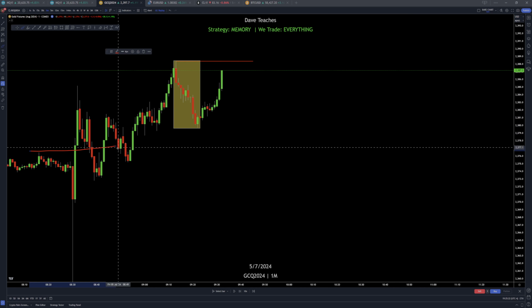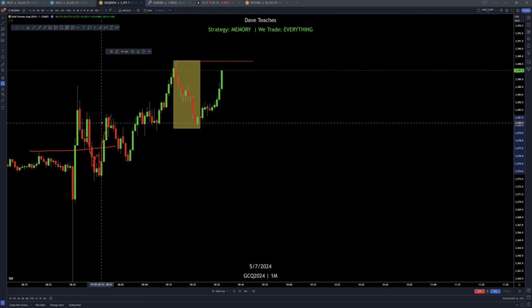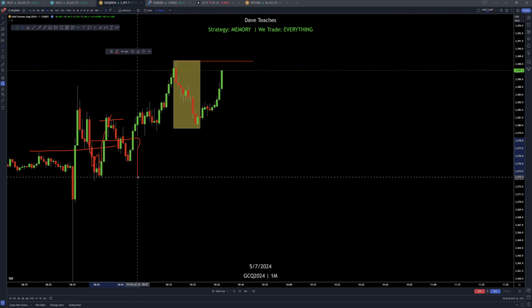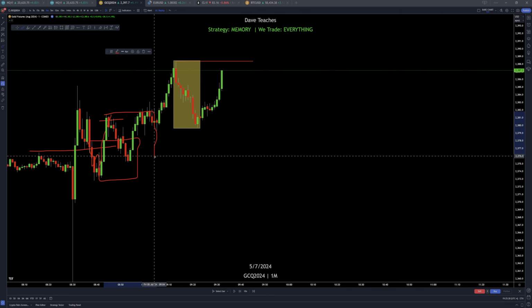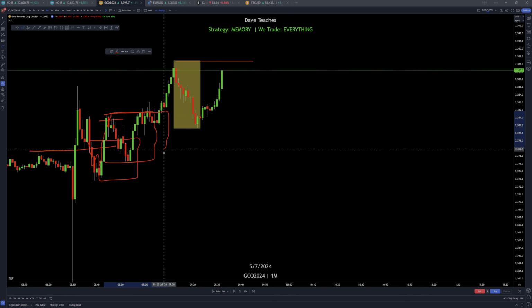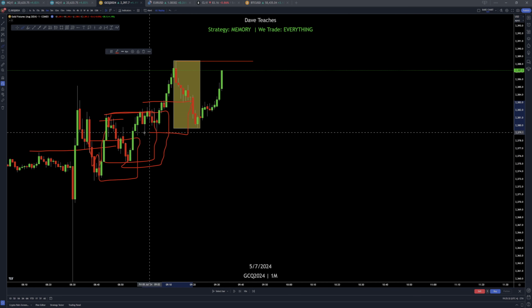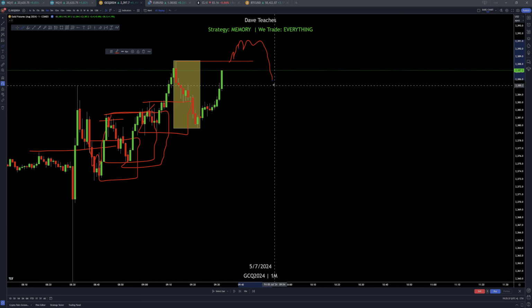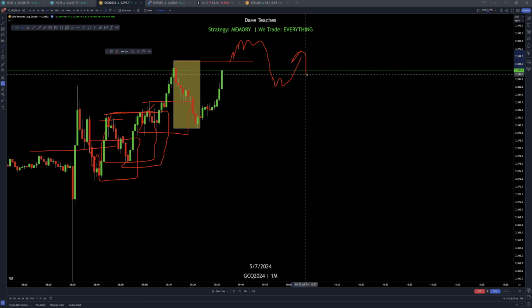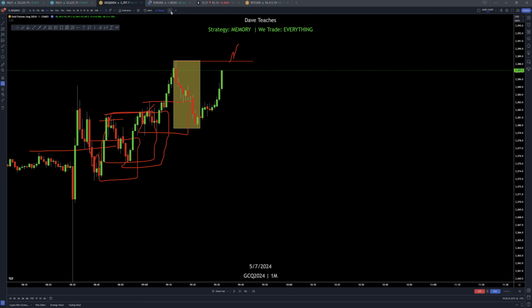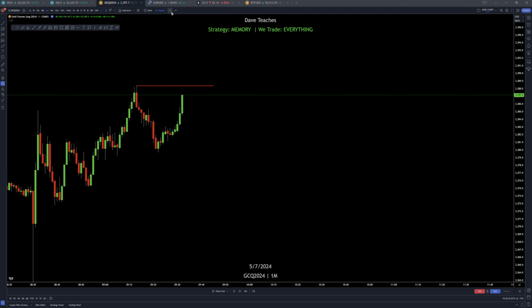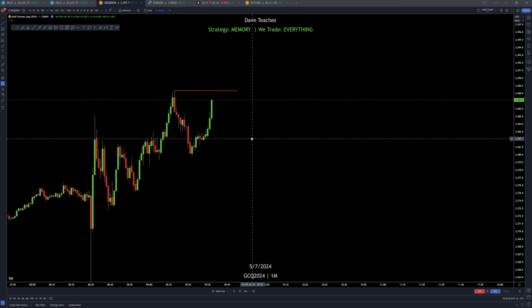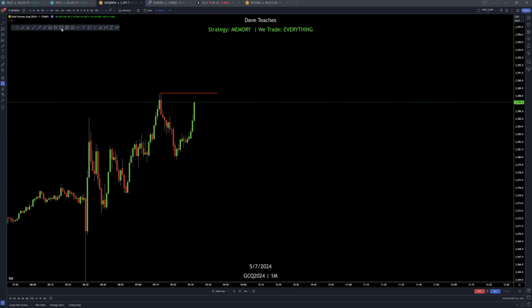So what we had was a flip. We had price test, trade higher, come back into the range here, come back into the range here, come back into the smaller range there, and now we're looking for price to trade higher, come back into the range for a potential opportunity to move higher again, right? That's how we look to trade a trending market. We look to get involved with what the trend is doing, right?